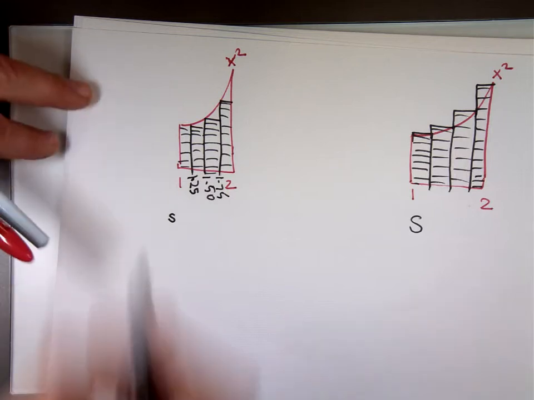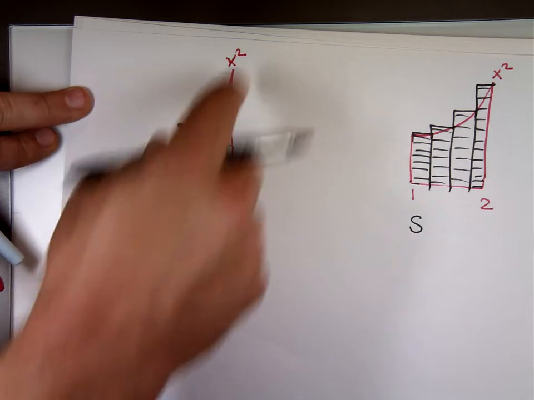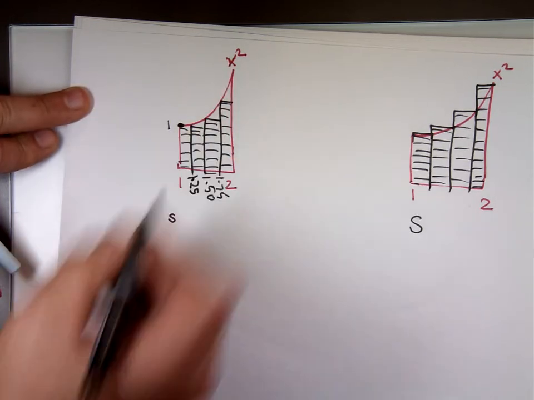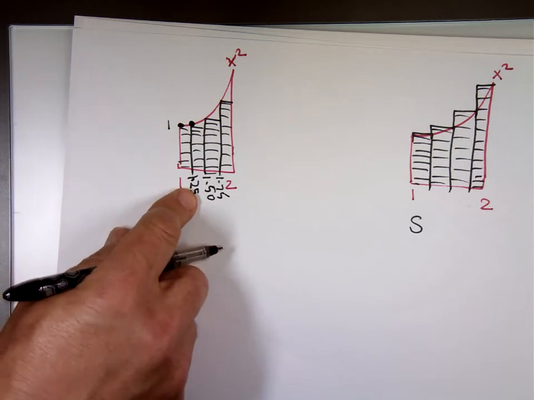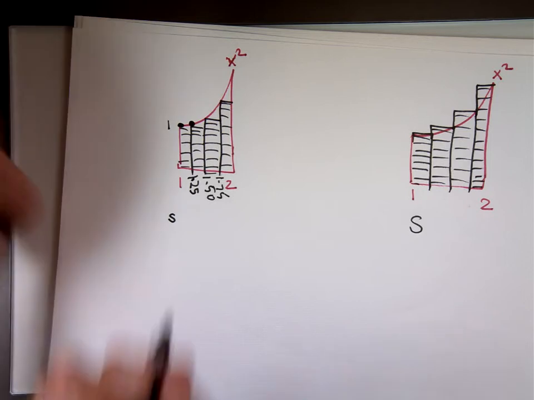So what's the height here? We take the 1, plug it into x squared. What is 1 squared? That's 1. What's the height here? X is 1.25. What's 1.25 squared? 1.5625.